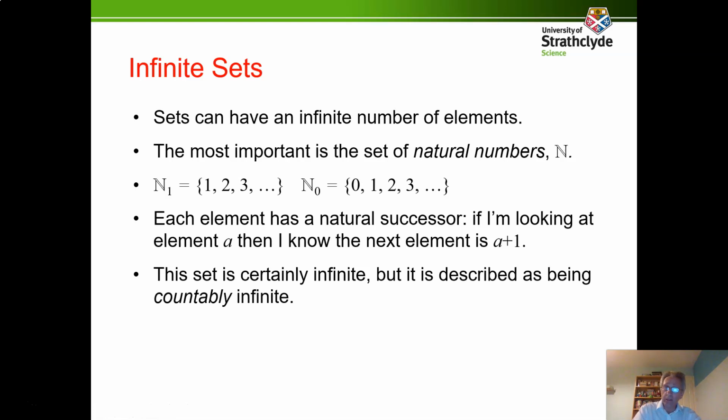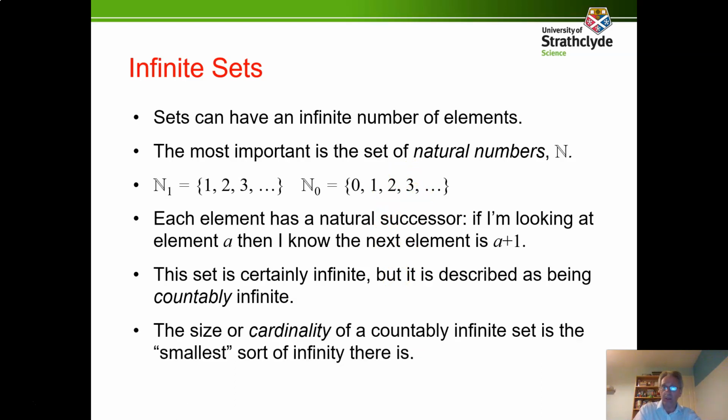So this set is certainly infinite because for any element, there's always a next one, and there's always a next one, and there's always a next one. But because it has this successor relationship, it's described as being countably infinite. And that means it's the smallest sort of infinity that there is.